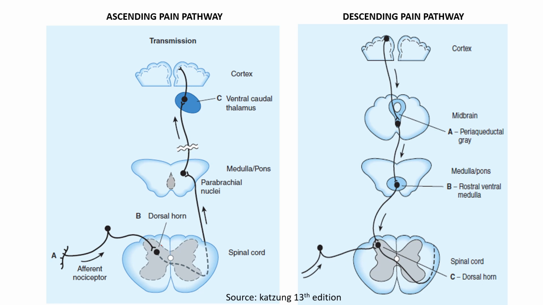So you have to understand there are two pain pathways. The ascending pain pathway is mainly to send the pain impulses to the cortex, whereas the descending pain pathway is mainly to inhibit the perception of pain. But this descending pathway is always kept under inhibitory control, and the inhibition is released only when needed.